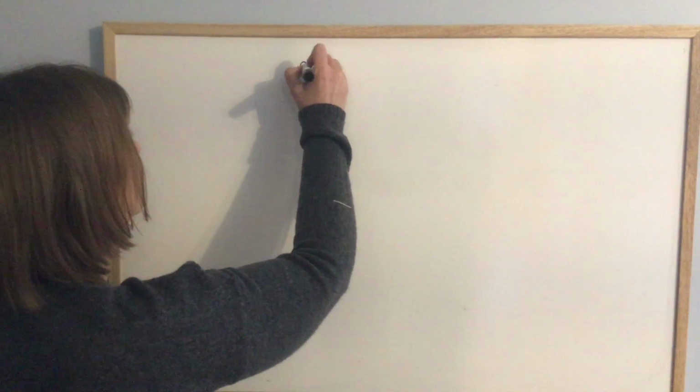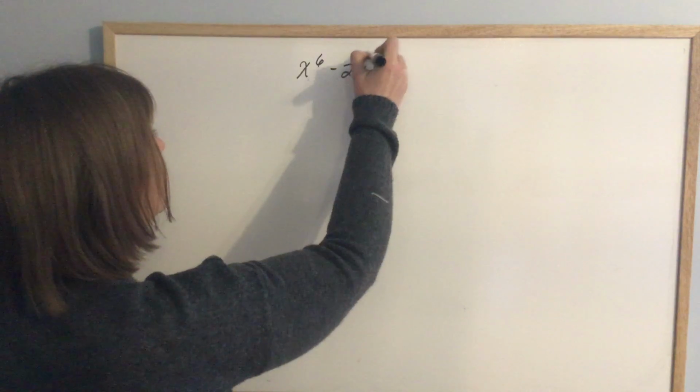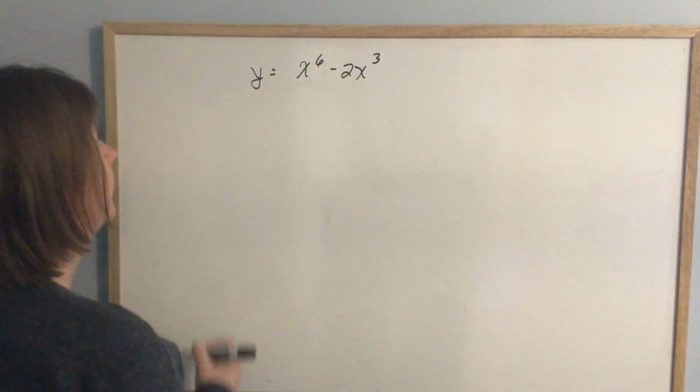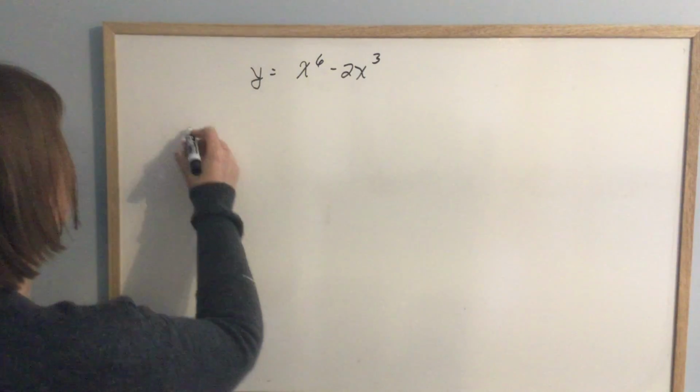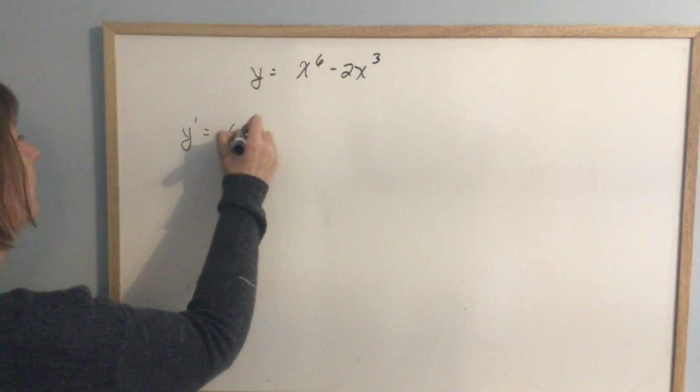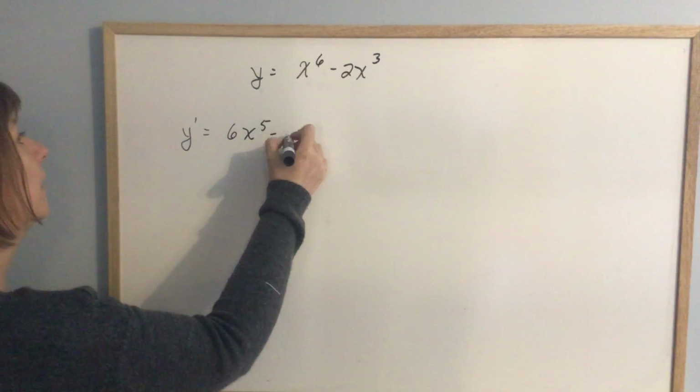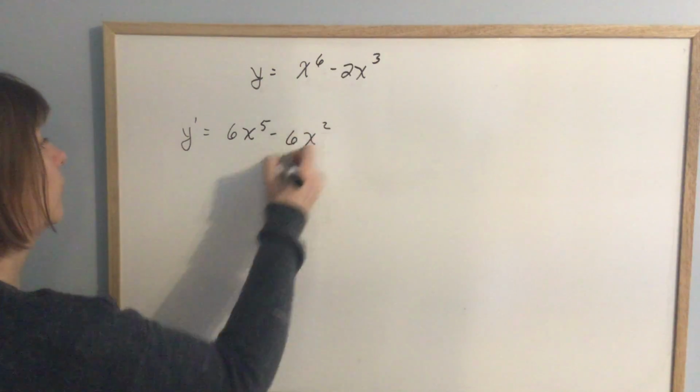8e, x to the 6th minus 2x cubed. Ew. All right, so same process, first derivative. That would be 6x to the 5th minus 6x squared.